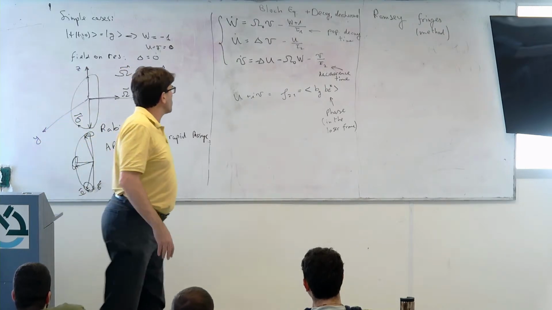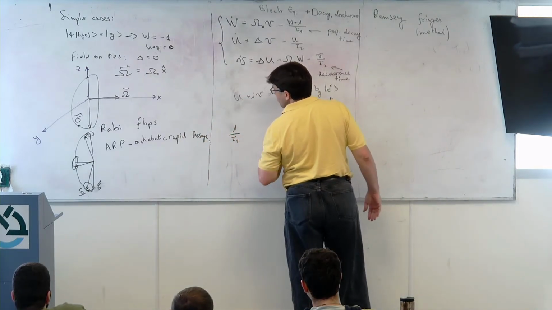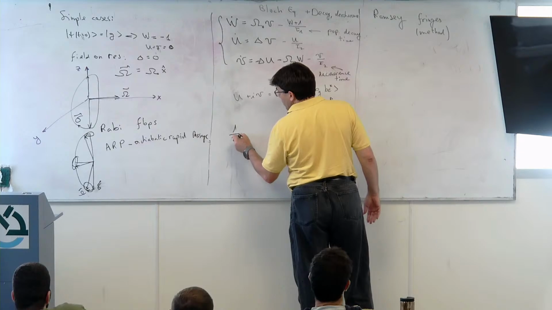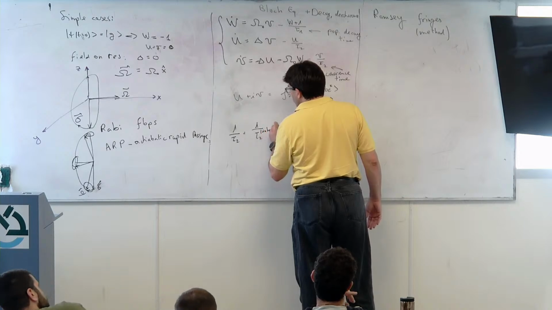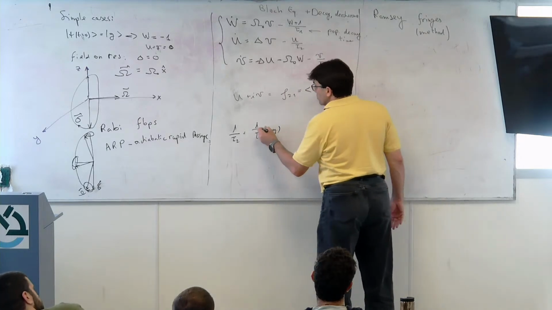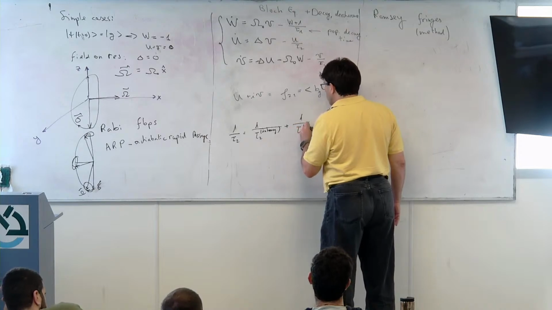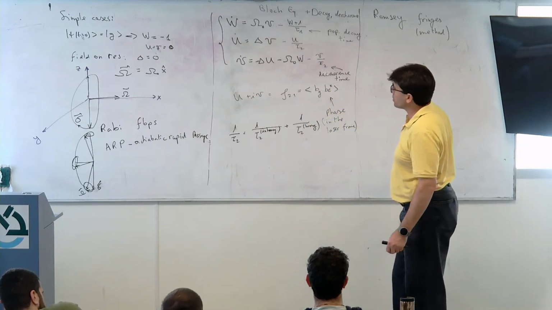So we can write that 1 over tau 2 can be divided into 1 over tau 2 inhomogeneous, due to the inhomogeneity. And then there's the homogeneous part.